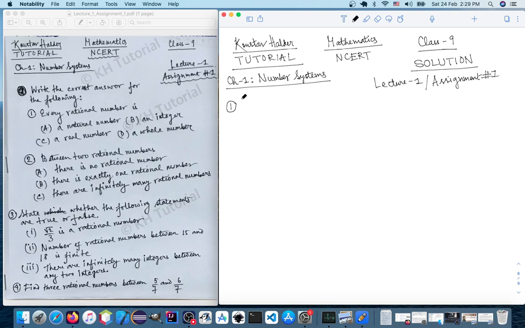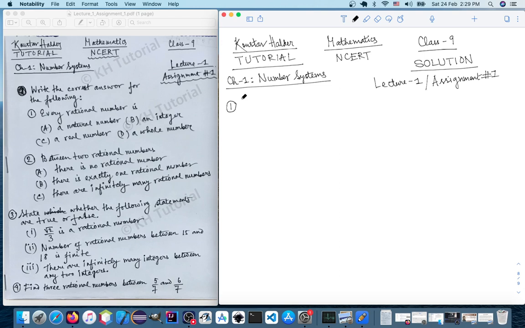But rational numbers also include negative numbers, like negatives of natural numbers and also negative numbers in the form p by q, like minus half, minus 4 by 5, minus 100 by 200. So it also includes negative numbers.